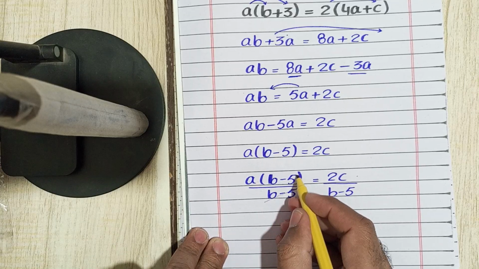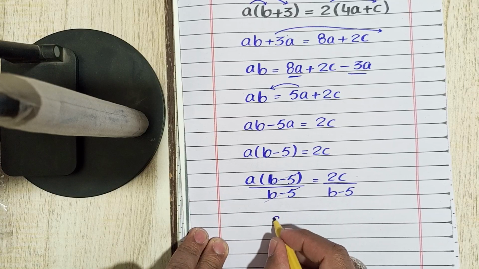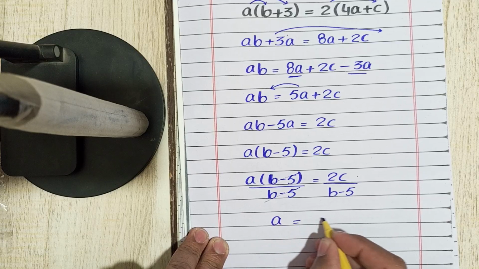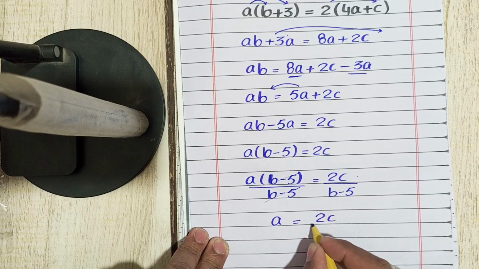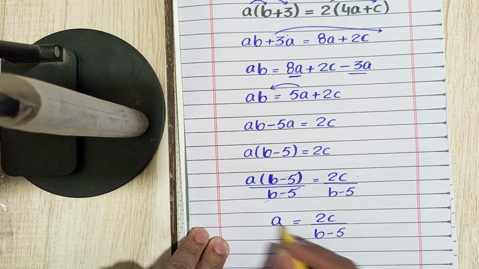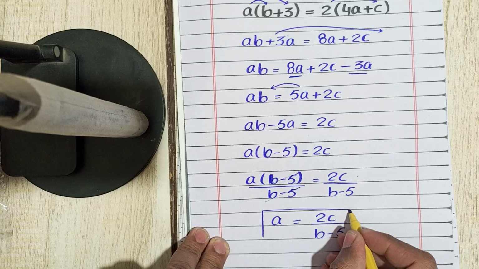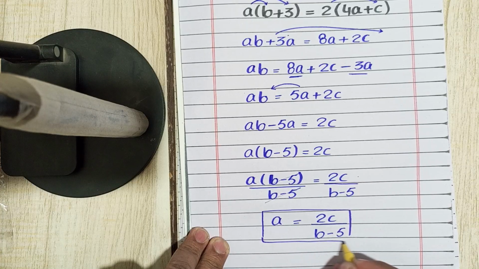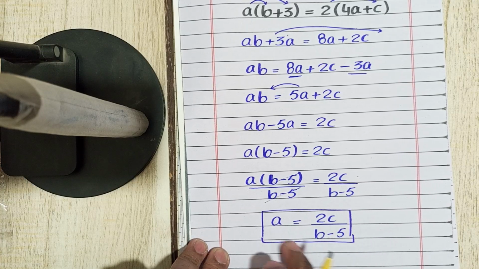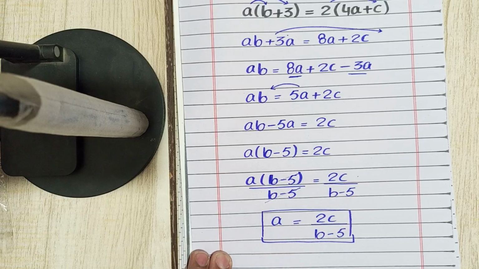So we cancel out this B minus 5. So here we write A equal to 2C over B minus 5. So this is our final answer. I hope you got it. So we made it for A.